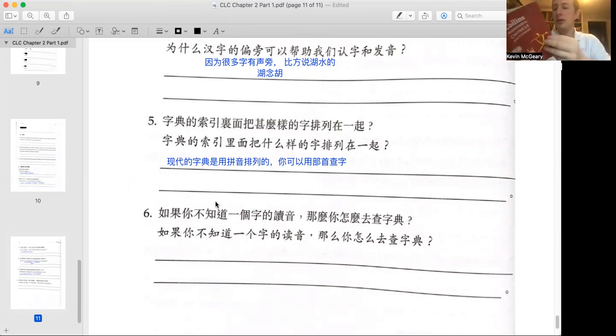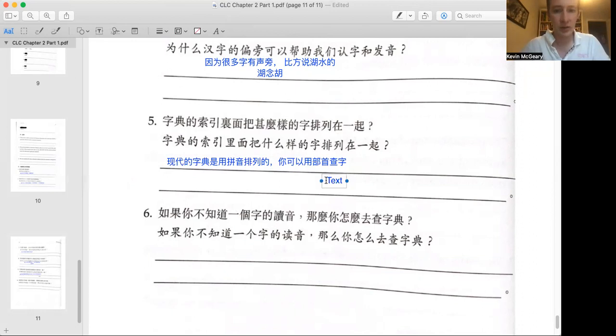You use the front section of the dictionary, and so characters are ordered using the number of strokes, and then when you find the component, that will lead you to looking up characters with that component, and then they will provide the pinyin, and then you look it up using the pinyin.